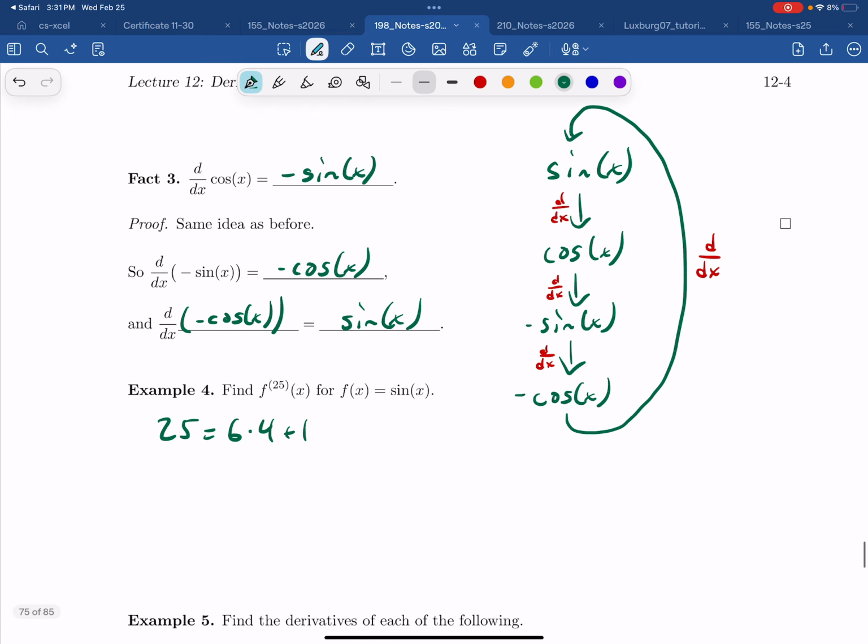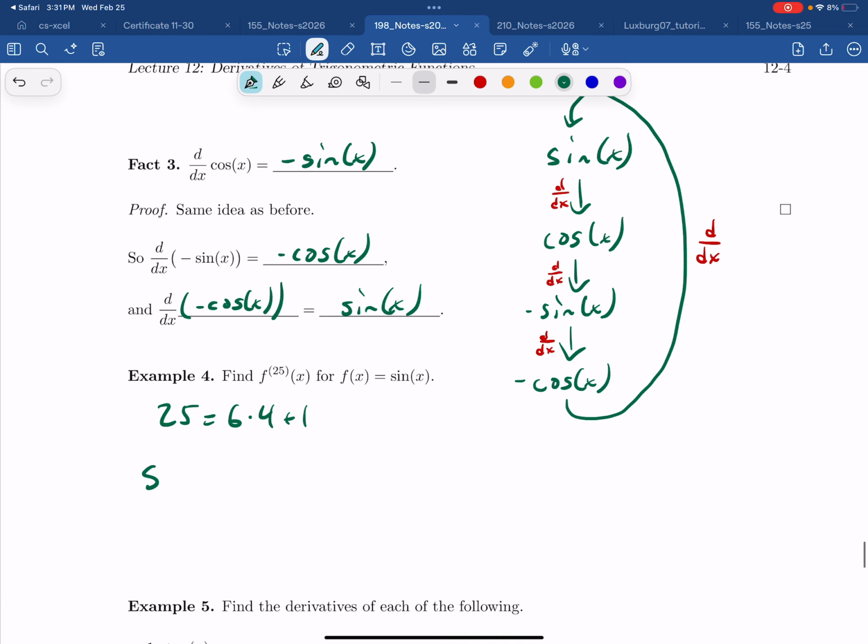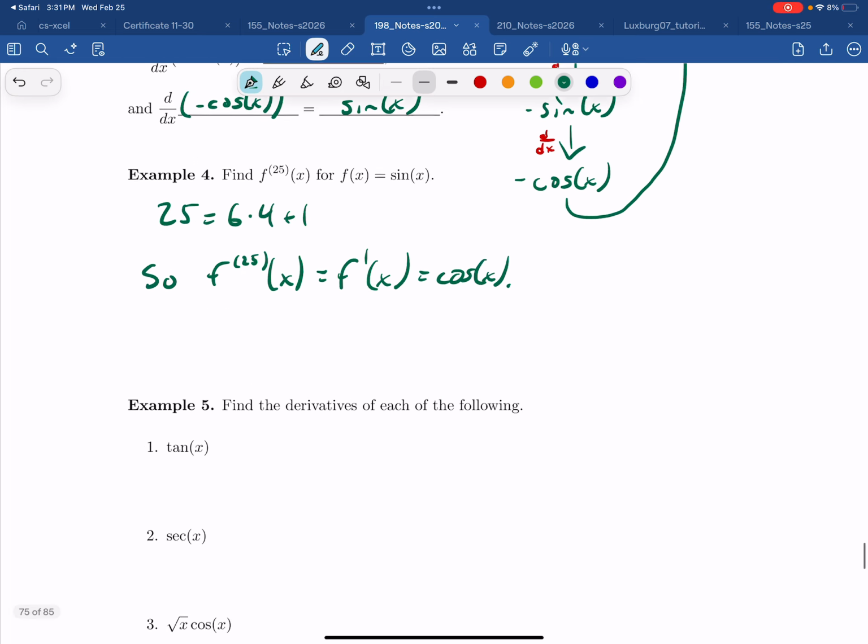Every 4 derivatives, we repeat ourselves. Take the derivative of sine of x 4 times, you get back to sine of x. So the 25th derivative of sine of x is going to equal just the first derivative of sine of x, which is cosine of x.